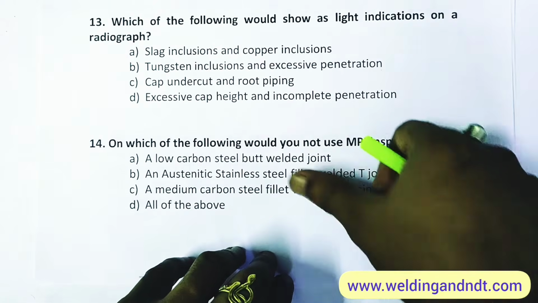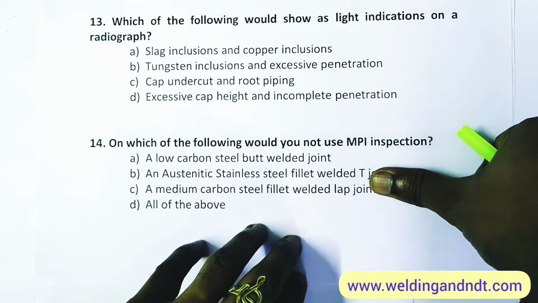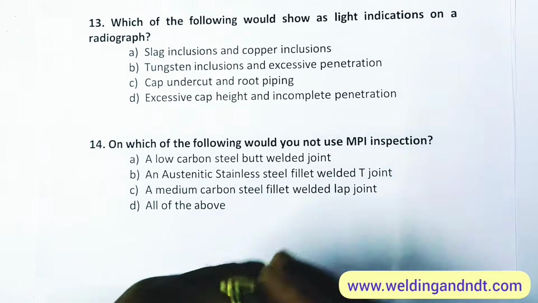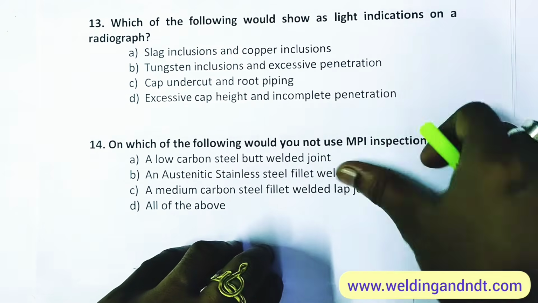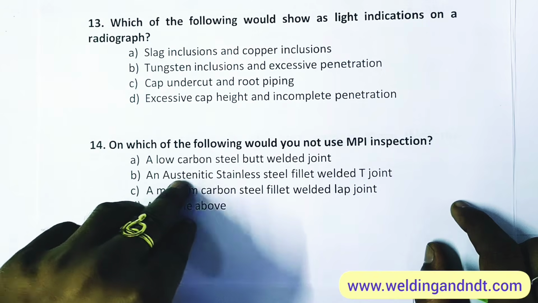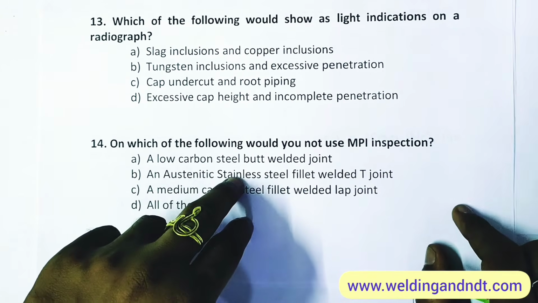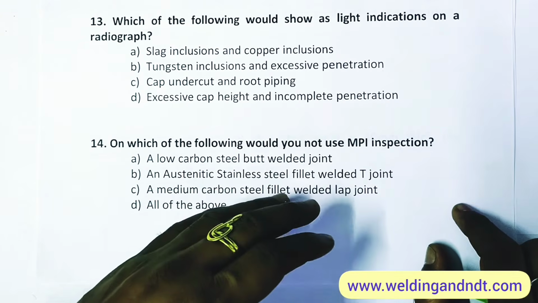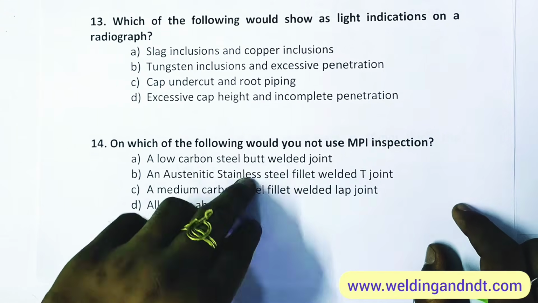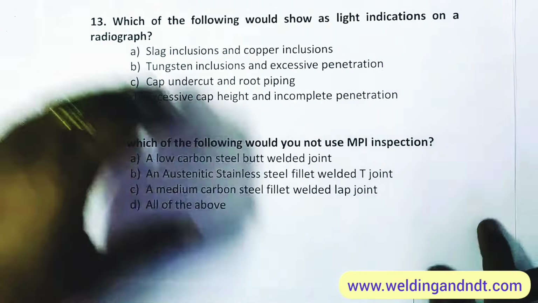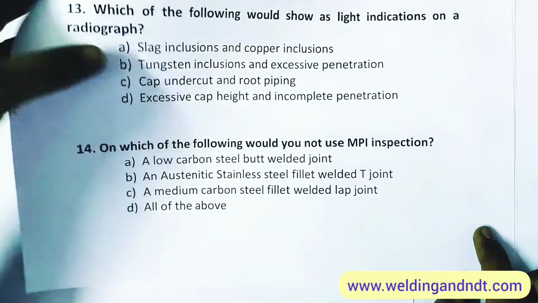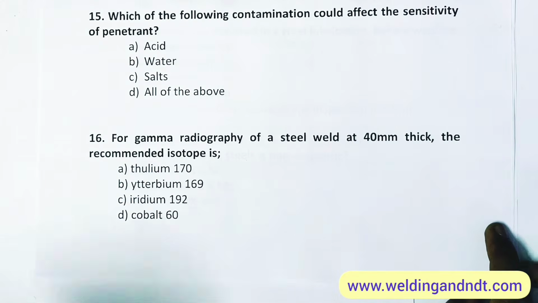Here the fillet welded T joint is just to divert your mind. There is no significance in that. Whenever austenitic stainless steel is mentioned, it is non-magnetic or non-ferromagnetic. Hence it can never be checked with MPI inspection. So the answer will be B.